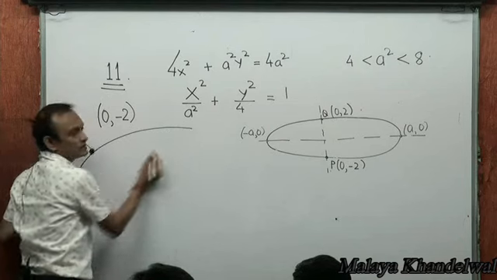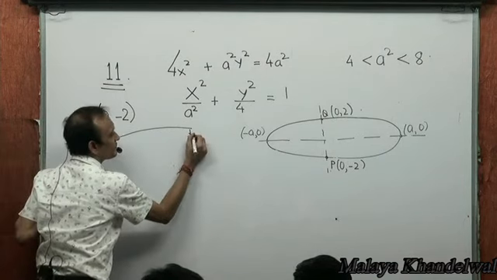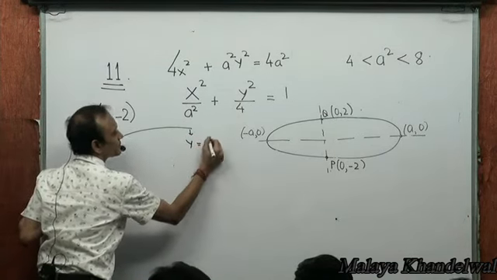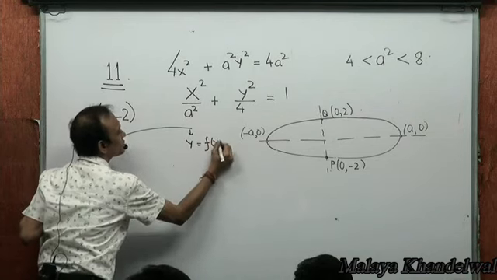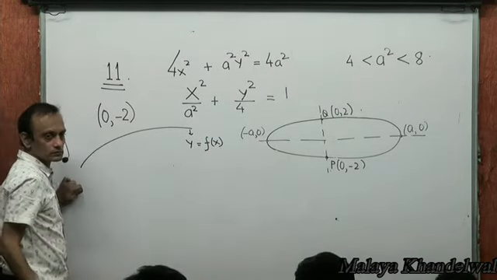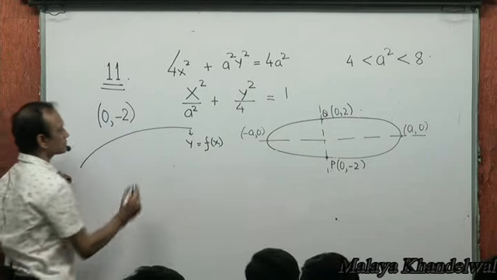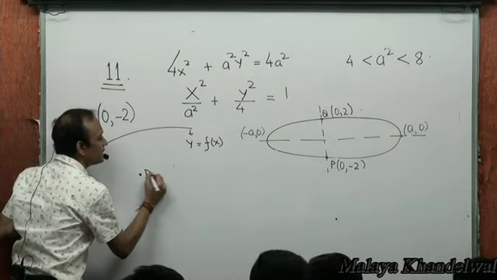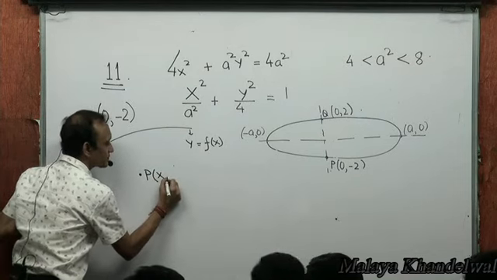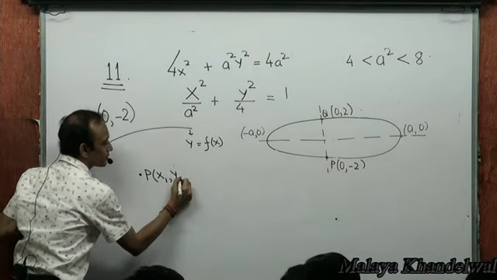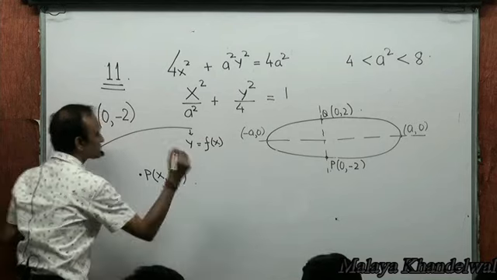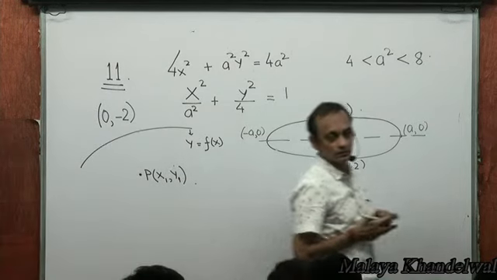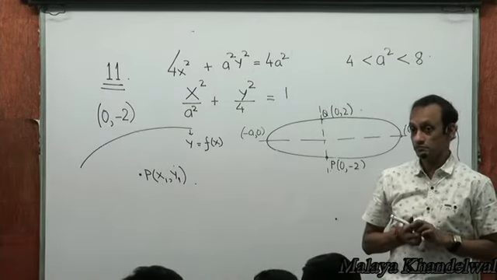This is any curve, say y equal to f(x). There is a point P, say (x1, y1), somewhere.